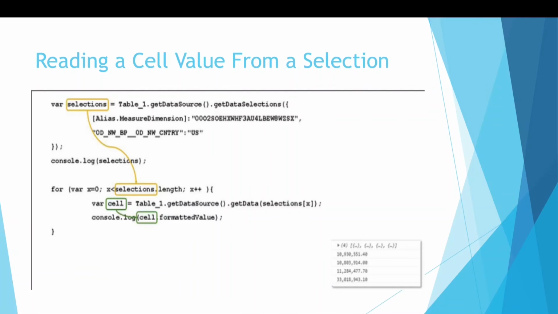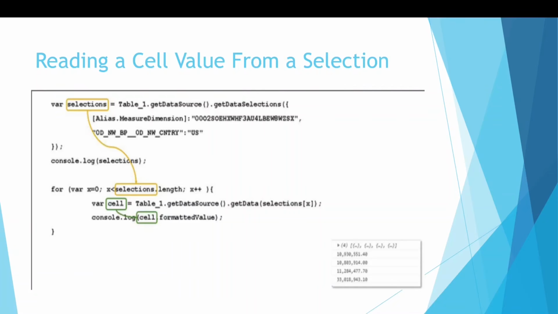If we want to use the values of the selection, we can apply a for loop on this selection, and for this we use the x variable as an index value of this selection array.